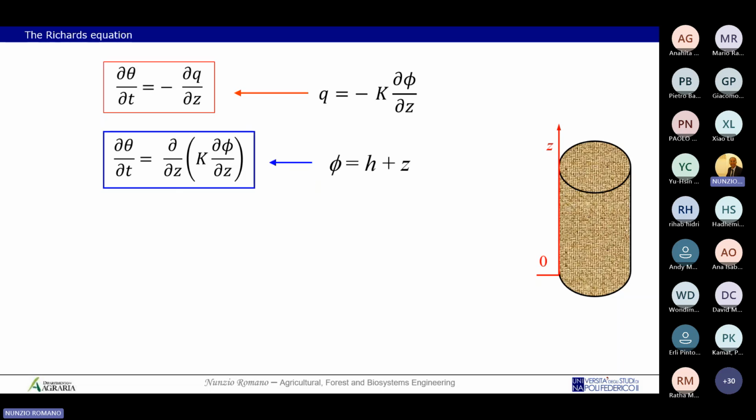We have here the partial derivatives because I am writing this equation only for the vertical situation.